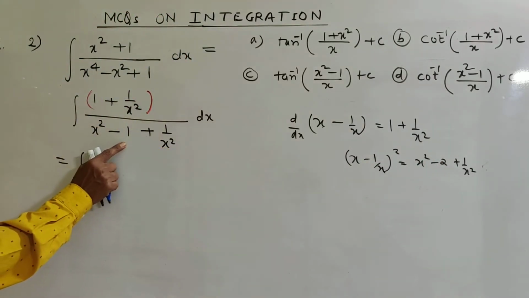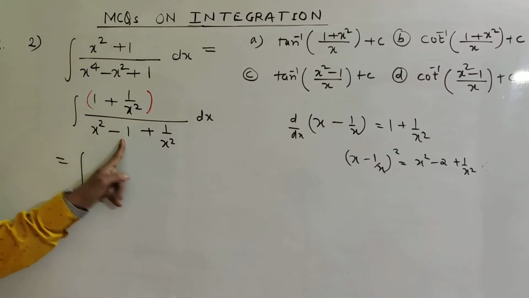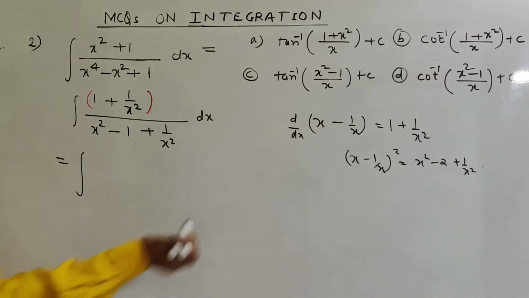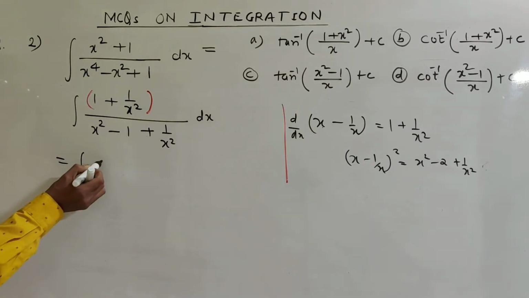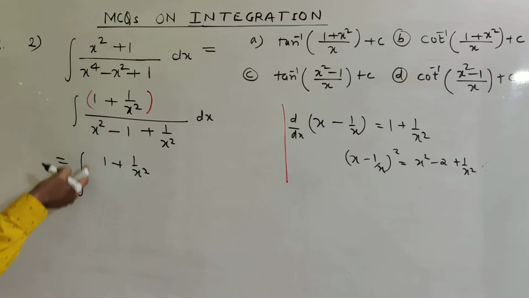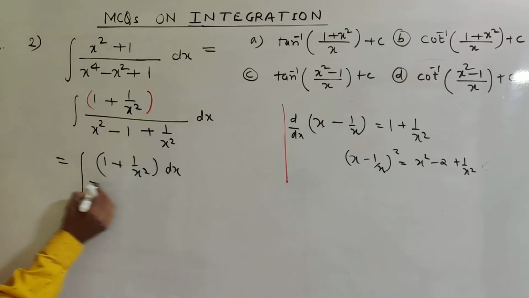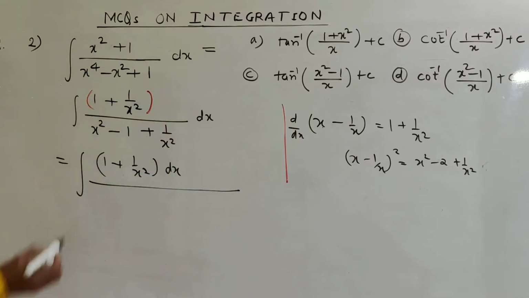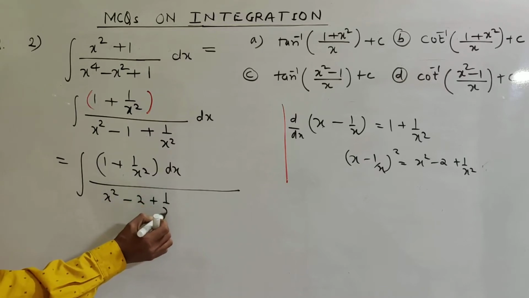But here it is minus 1, so what do we do? Subtract 1 and add 1 over here to get this. So this is the rough idea. Here 1 plus 1 upon x square, after dividing by x square in numerator and denominator, dx upon here x square minus 2 plus 1 upon x square.